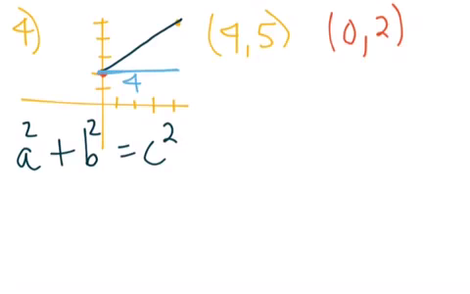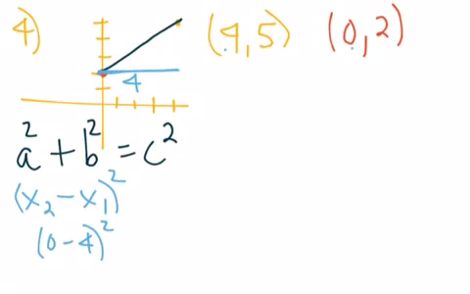But you could also look at it as x2 minus x1 squared, because x2 is 0 minus 4, which is a negative 4, but when you square it, it's still a positive 16.